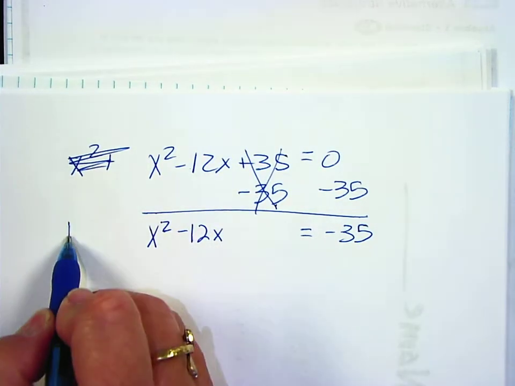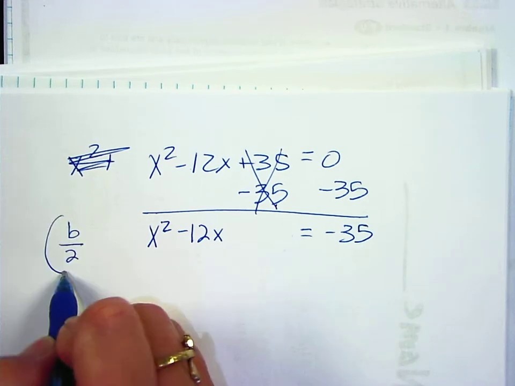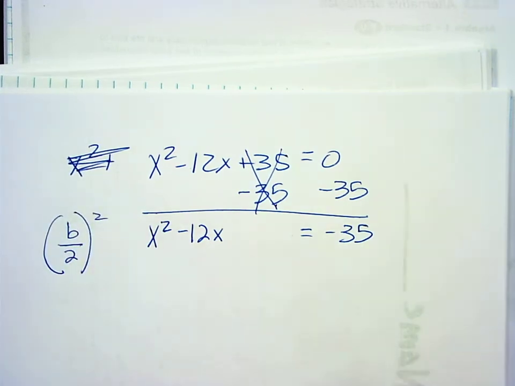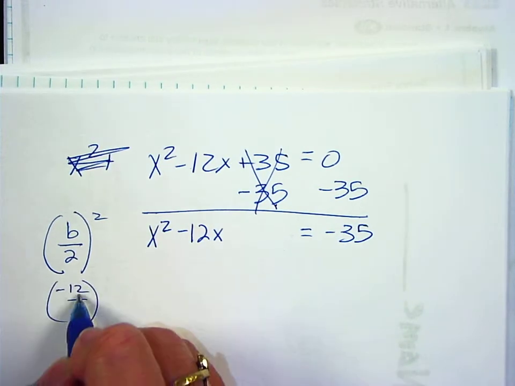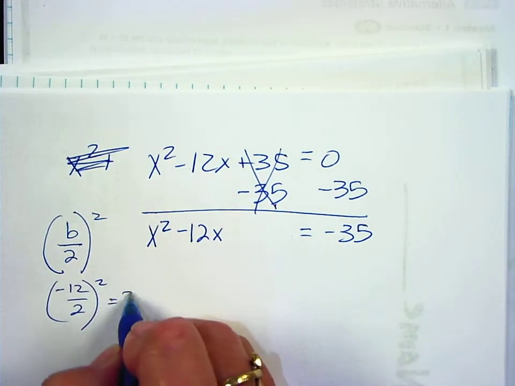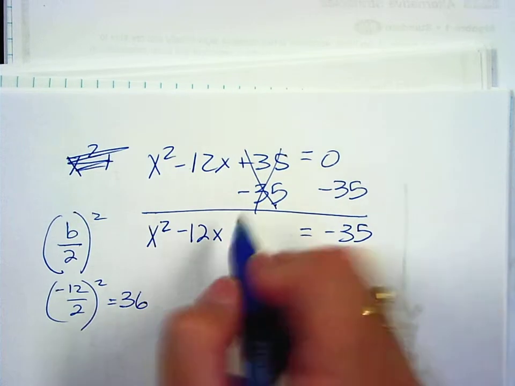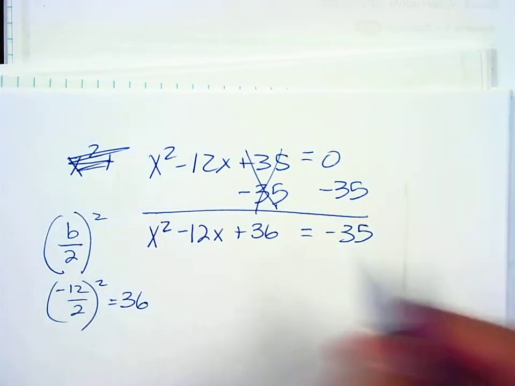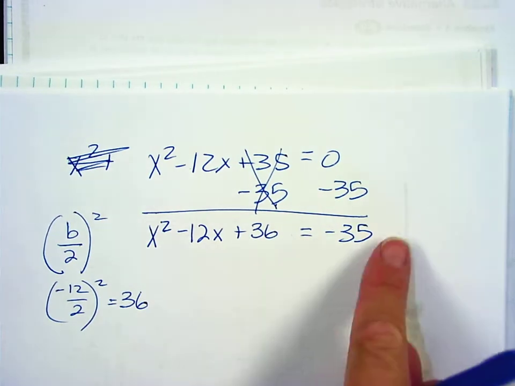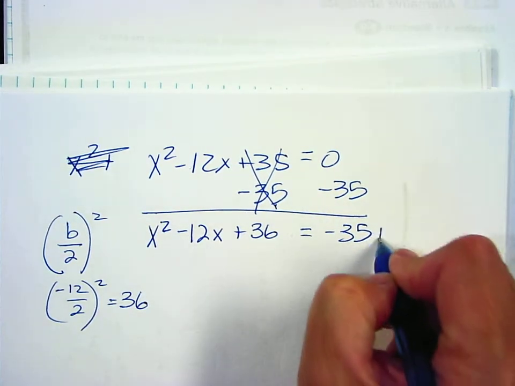So I'm going to take b, divide it by 2, and square it. So b is negative 12, divided by 2 is negative 6, and if I square negative 6, I get 36. So I'm going to add 36 here, and to keep my equation in balance, I have to add 36 here.